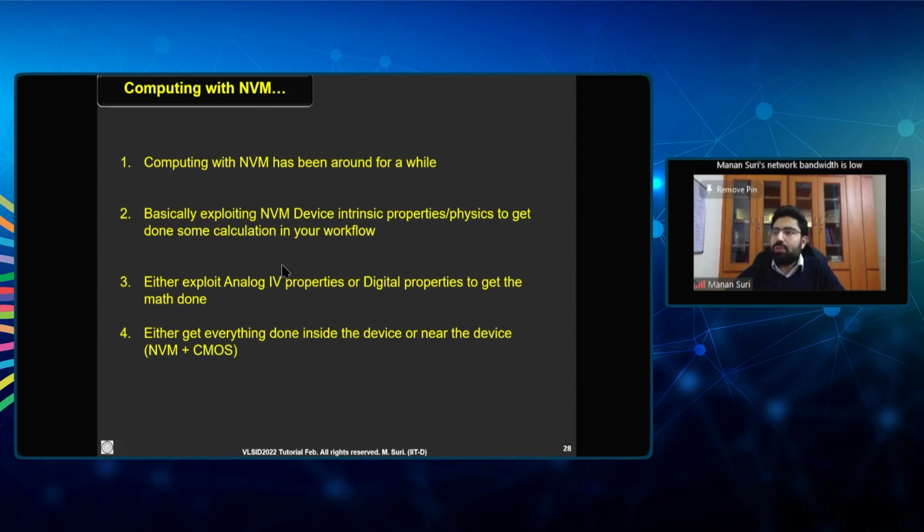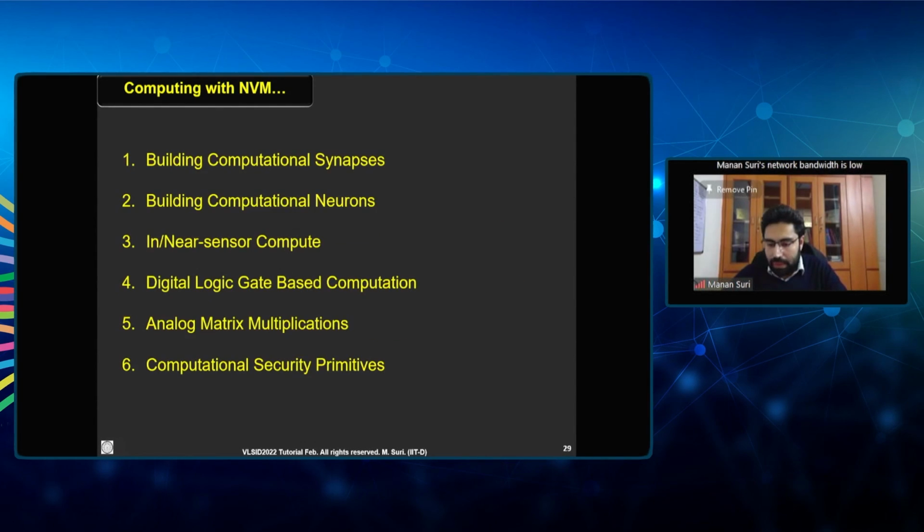The traditional sense is that matrix multiplication, vector-matrix multiplication, or multiply-and-accumulate is the predominant thing referred to as in-memory or near-memory computing.